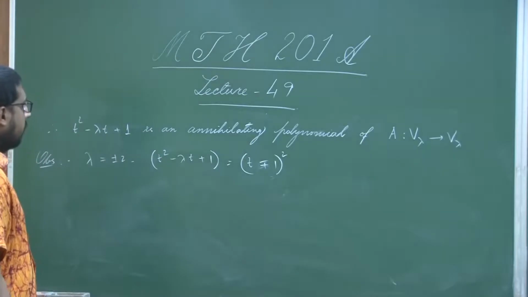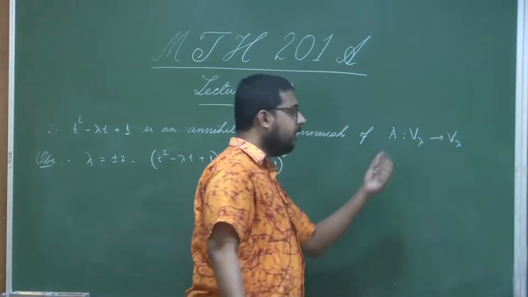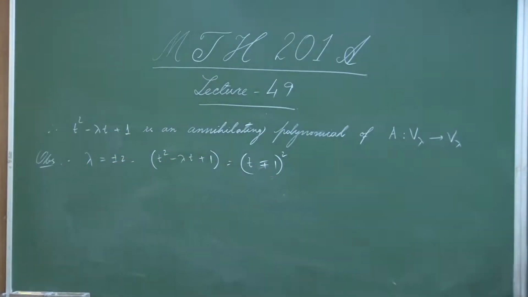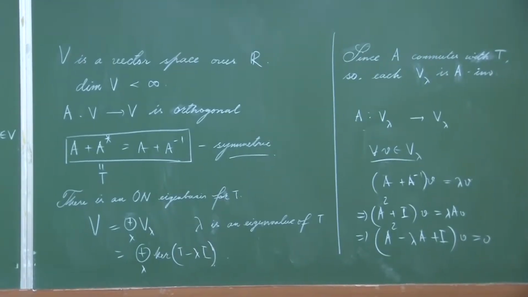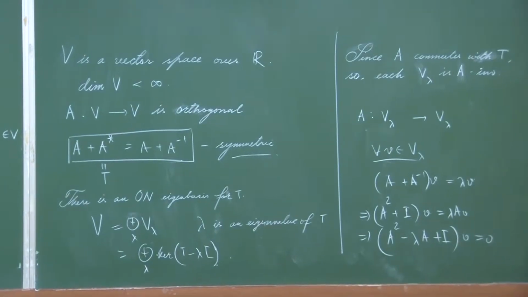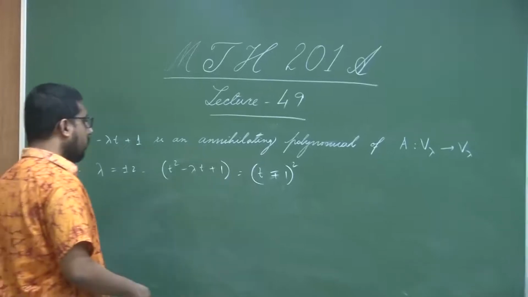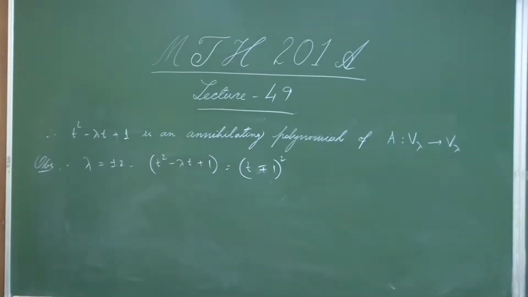Now, remember that this A being normal, earlier we proved that for a normal operator all the generalized eigenvalues are genuine eigenvalues. So let us try to see what it produces here.